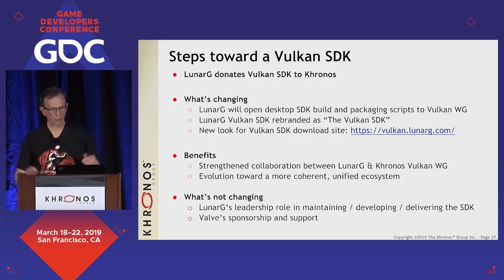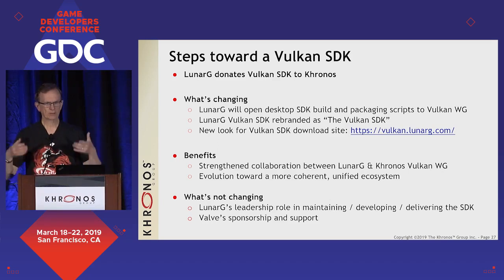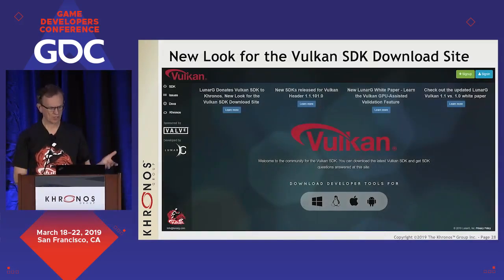Another piece of work that's in progress and very early, looking at the SDK. It always seemed kind of weird to me, I don't know about you, that you'd go to the Khronos website, and it would say Vulkan, and you'd search for an SDK, and oh, here's a link to the LunarG SDK. And you would go, and there was the LunarG SDK. Looks nice. Is it official? Is this what I'm supposed to use?